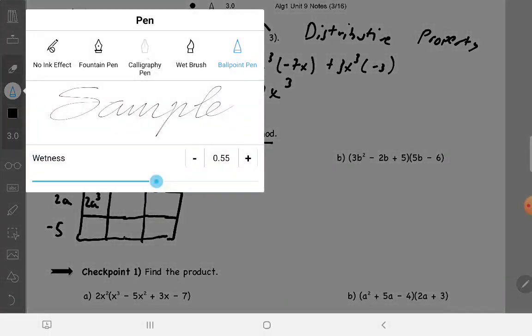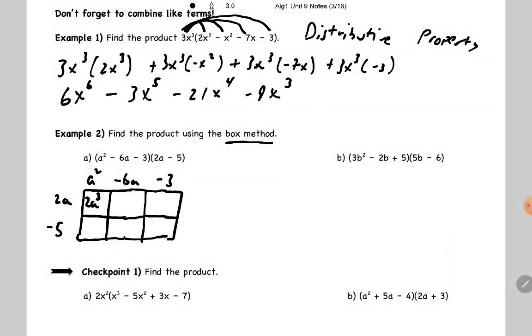In this next box, 2a times negative 6a is negative 12a squared. 2a times negative 3 is negative 6a.